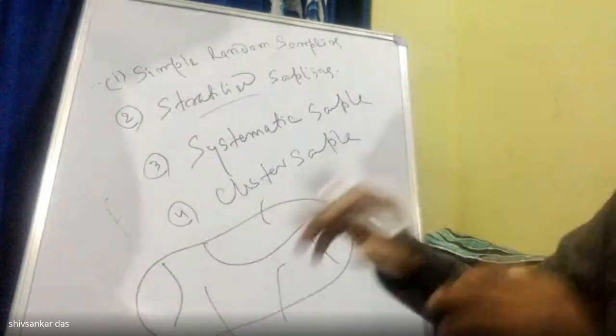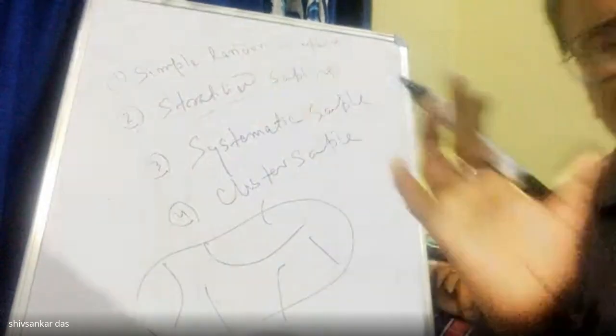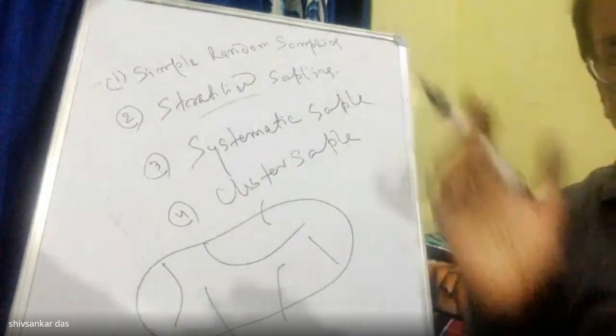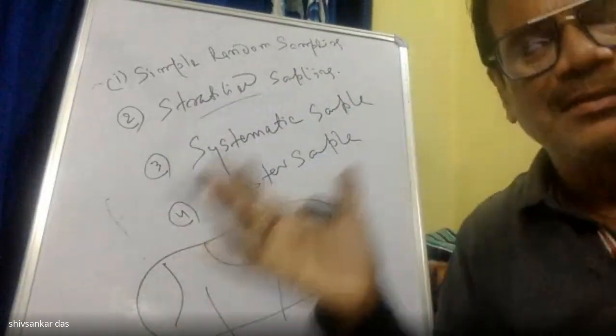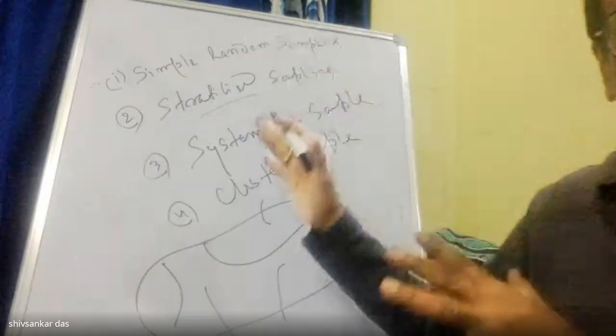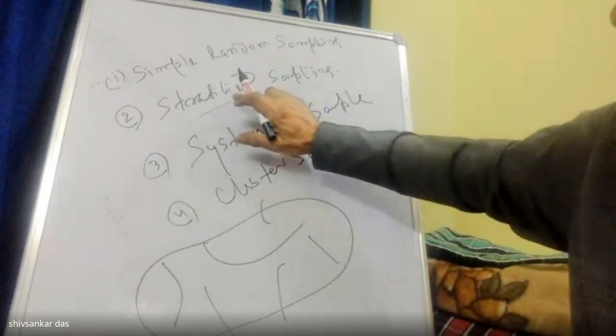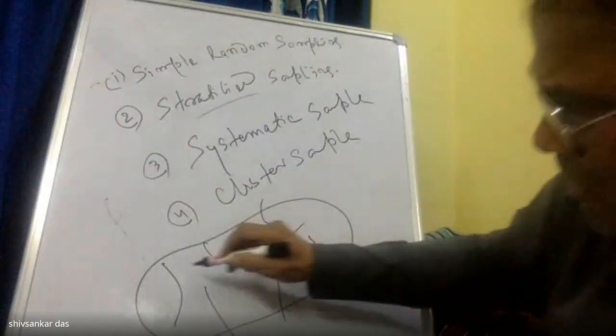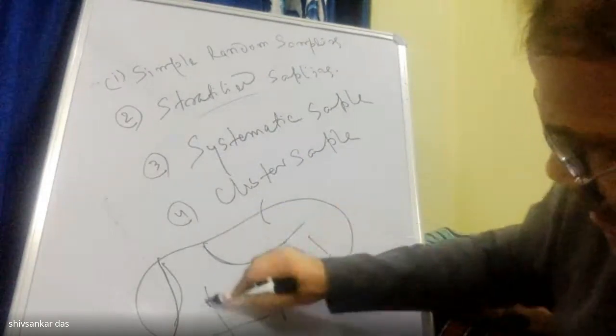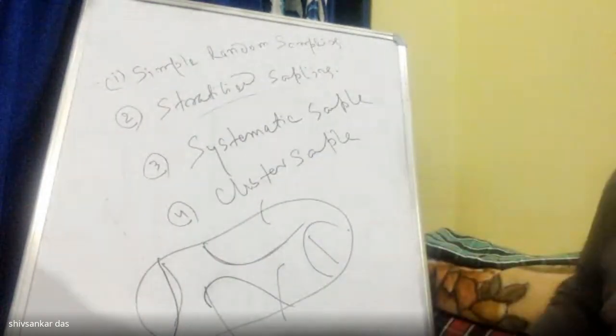Students who passed MA are one stratum. Students who passed BA are another stratum. Girl students who passed MA are another stratum. So this is based on some characteristic. But here it is geographical division. Got my point?